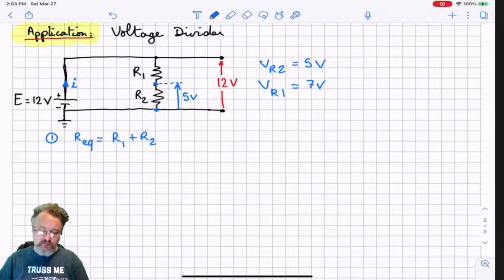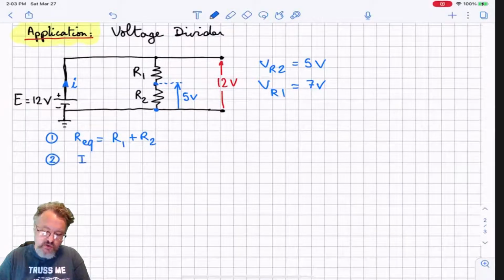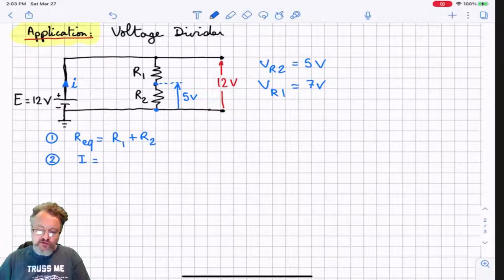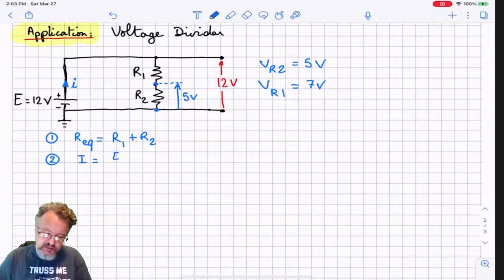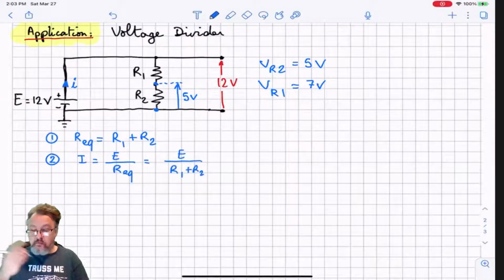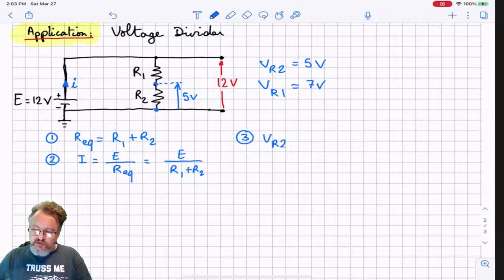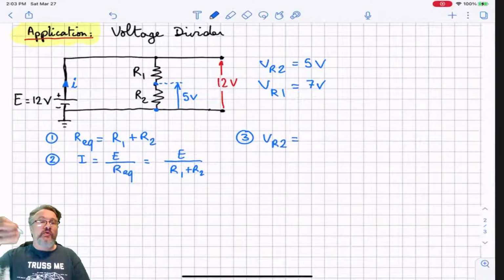We'll move on now. Part 2, what is the current? Well, the current, according to Ohm's law, is going to be equal to the voltage of the battery, E, divided by the equivalent resistance. So it's going to be E over R1 plus R2. What do we do then? Well, we're going to calculate VR1 and VR2. But we're going to concentrate on VR2 since VR2 is what we want, the 5 volts.